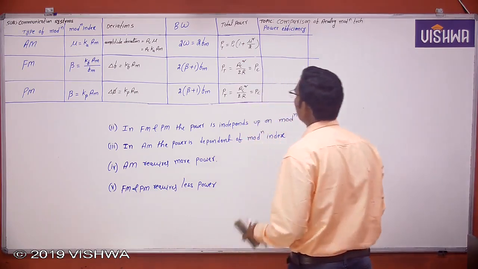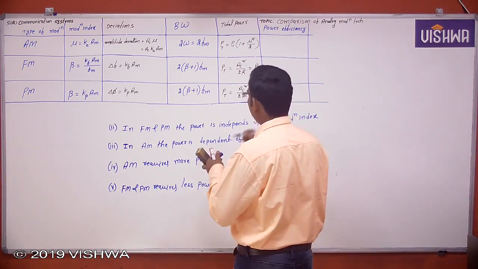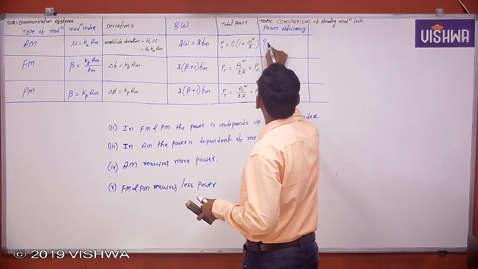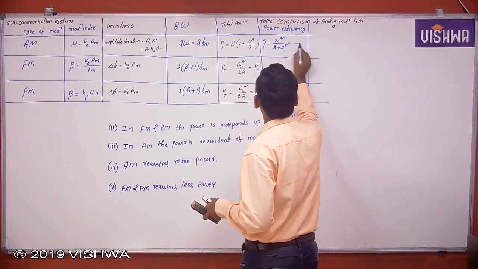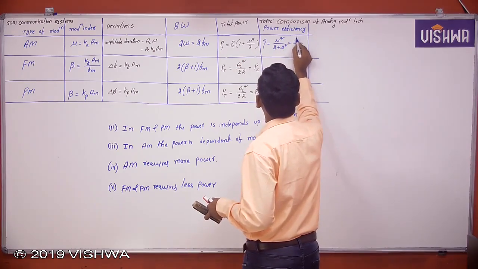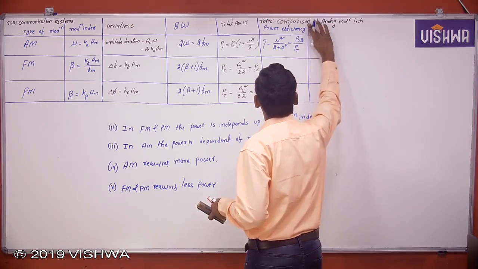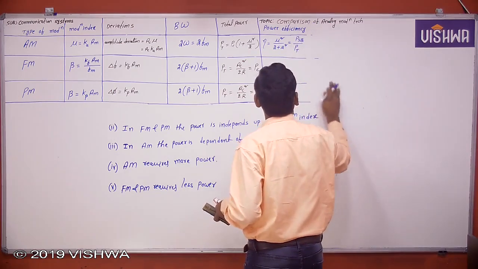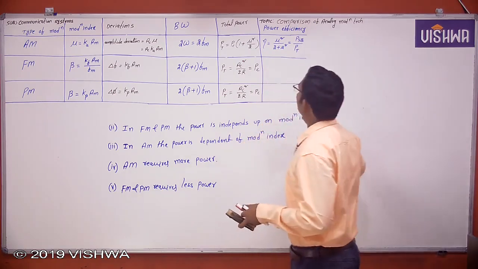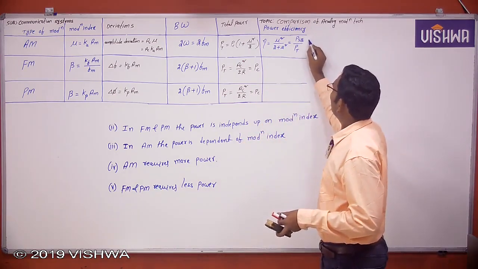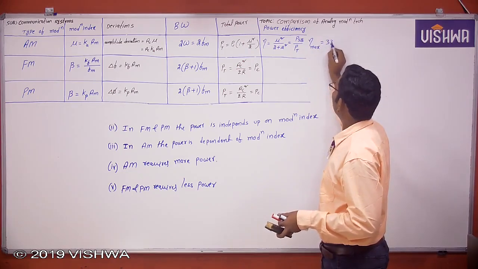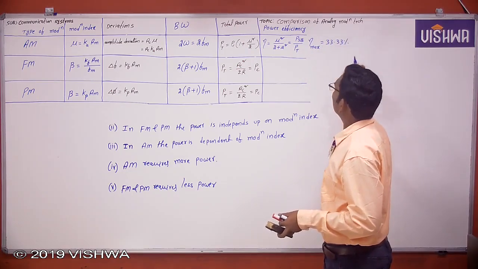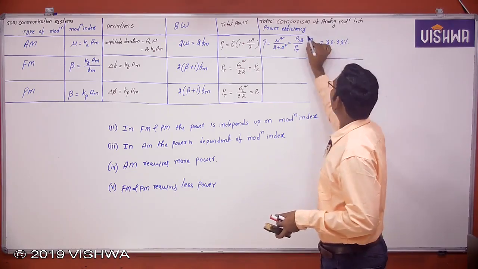The power efficiency is mu square by 2 plus mu square out of total power. How much power is carried by sidebands? So the maximum efficiency is 33.33% in the case of AM.